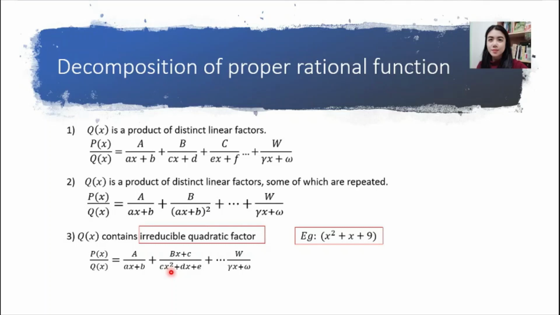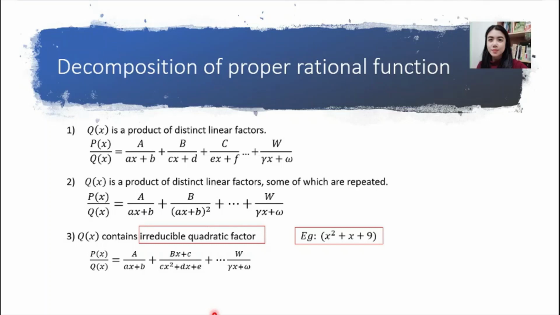When you have x power of 2 at the bottom, at the top it should be x power of 1, so you should have a linear expression. You must always have one degree less than the bottom. The alphabet follows the sequence: A, then Bx plus C, and so on.